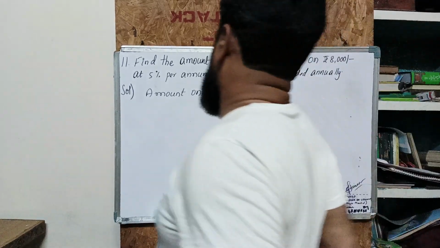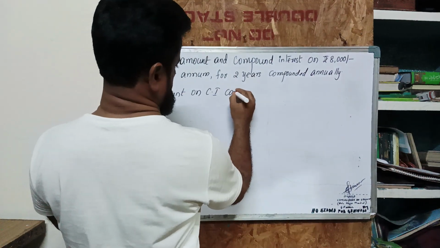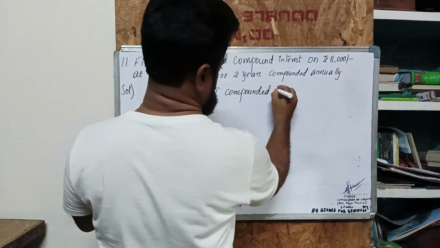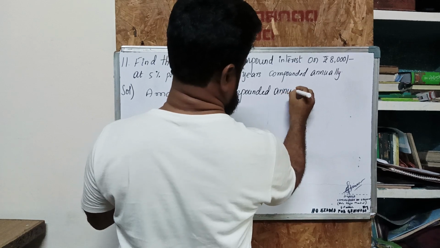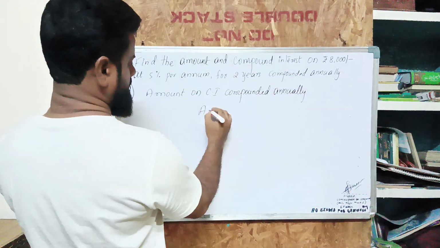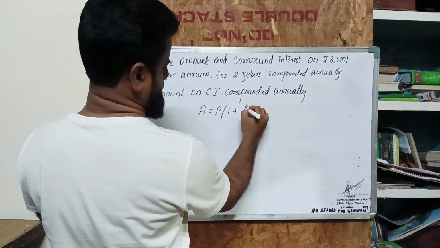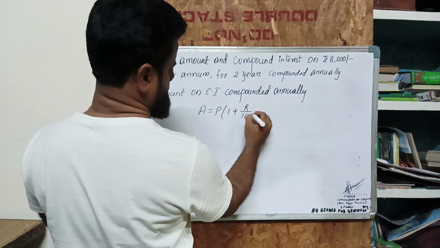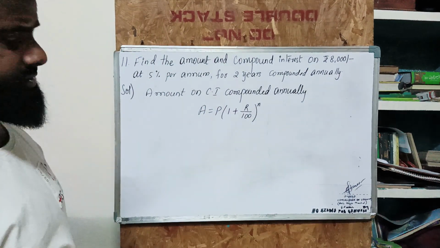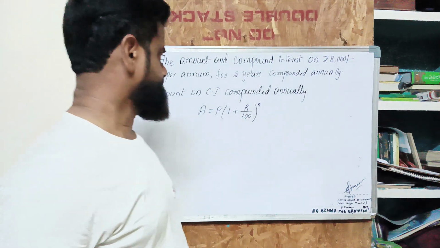Amount on compound interest compounded annually is given by A is equal to P into 1 plus R by 100 to the power of n, where P is principal amount, R is the rate of interest.